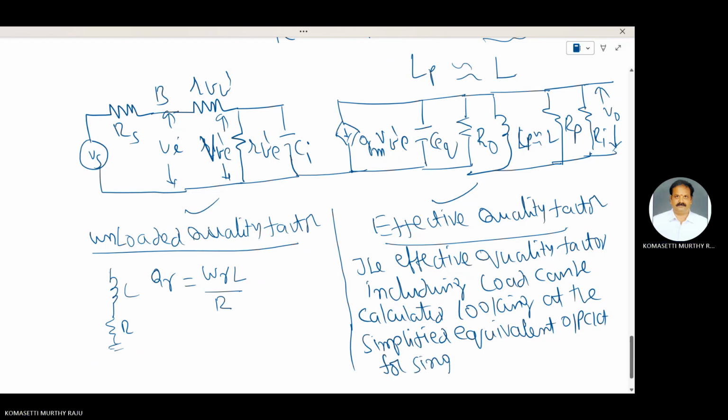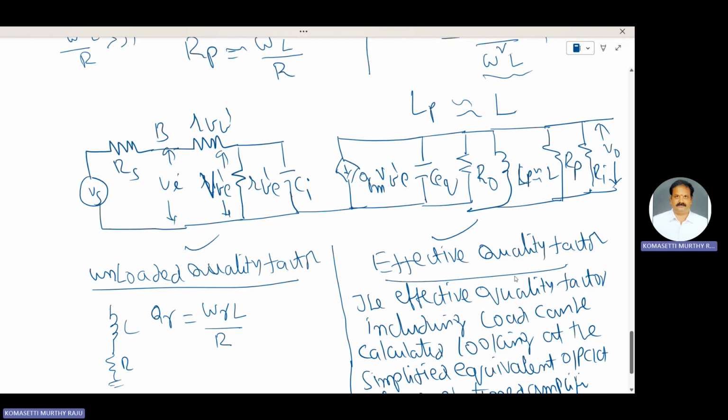For a single tuned amplifier, the tuned circuit consists of L and C equivalent, and the load is R0, RP, and RI. These three are connected in parallel, acts as load. That is RT.